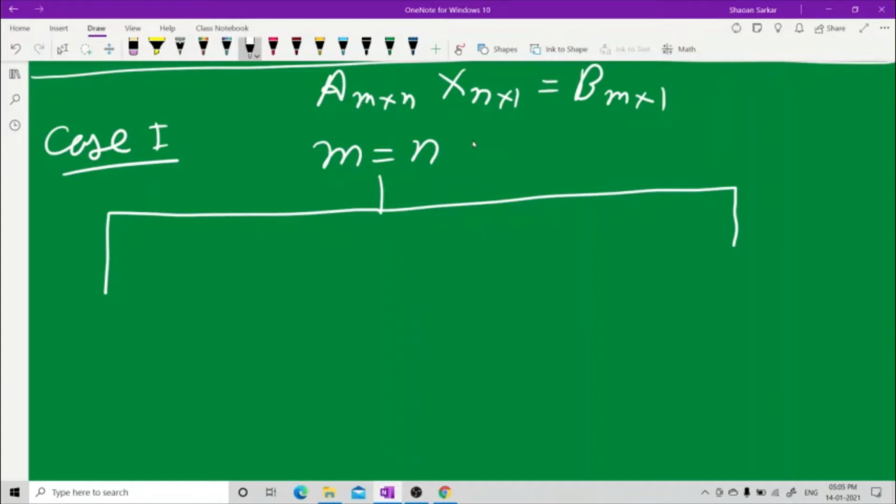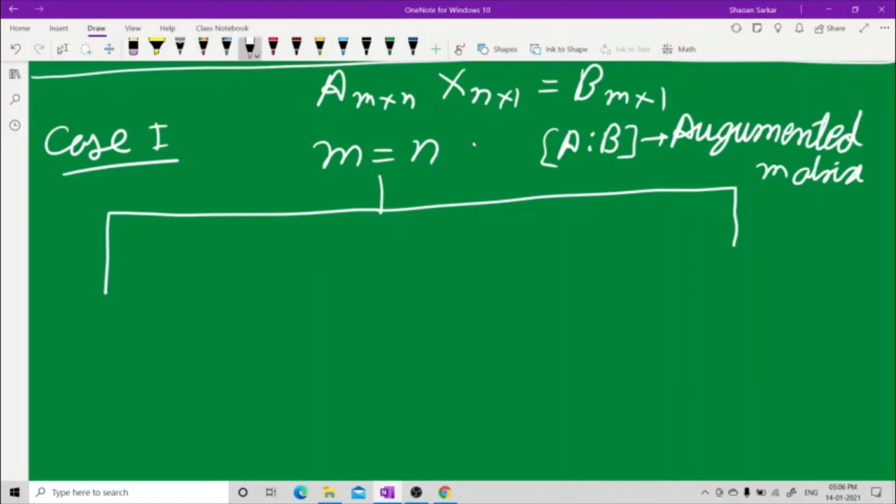If I write this matrix A colon B, this is called the augmented matrix. Let me write the spelling clearly for you all. This is the augmented matrix. I'll do it in an example and things will be more clear.